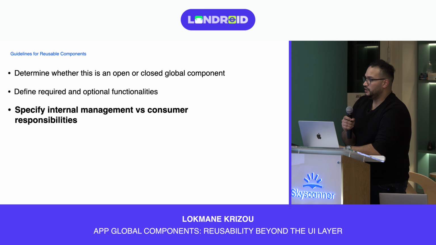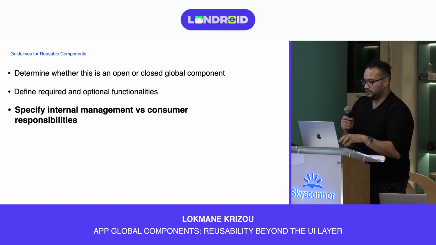Once you have these required and optional functionalities defined, you also need to define which functionalities can be handled internally inside your component, and the rest that can be configured by the consumer. For instance, from the previous example, the current location was already implemented on all the screens, and it was the same, so there is no need to push the responsibility to the consumer.